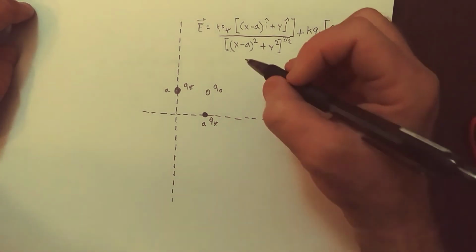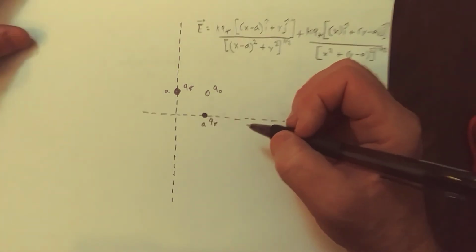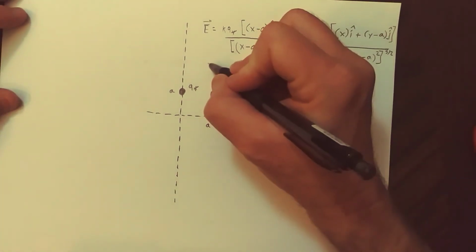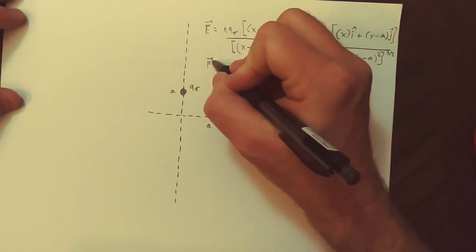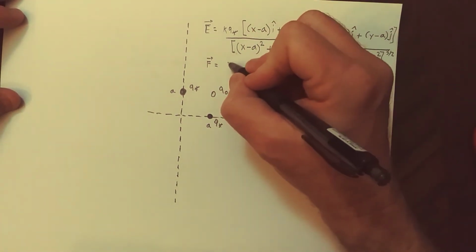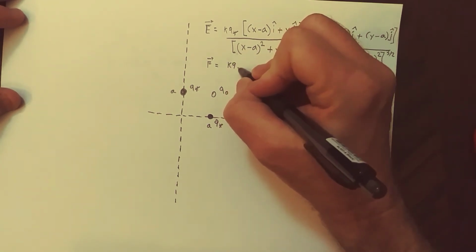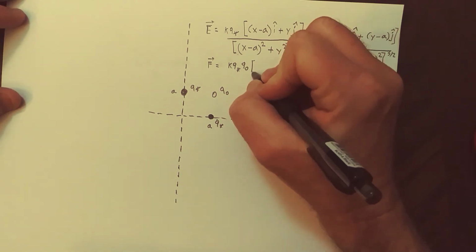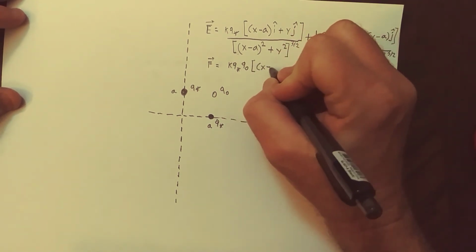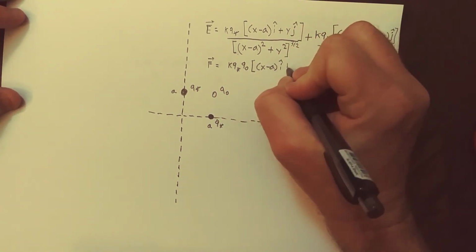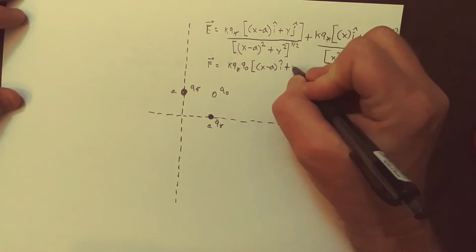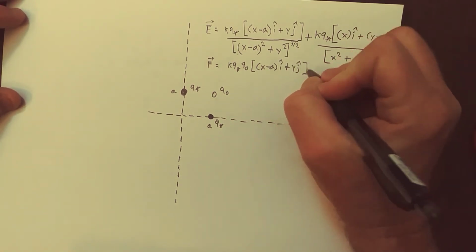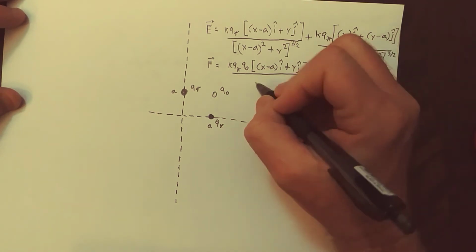Now the force at any location in the xy plane on the particle of charge q naught is, of course, k q star q naught times x minus a i hat plus y j hat. I'm basically rewriting the whole thing.